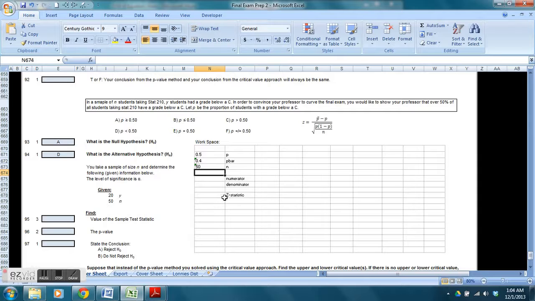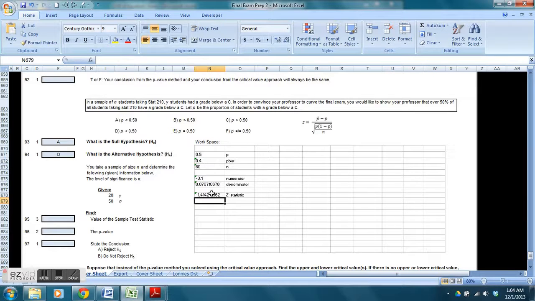So now we can figure out the numerator, that is P bar minus P, and our denominator, which is the square root of P times 1 minus P, divided by N. So there's our denominator, and now we can get the Z statistic.